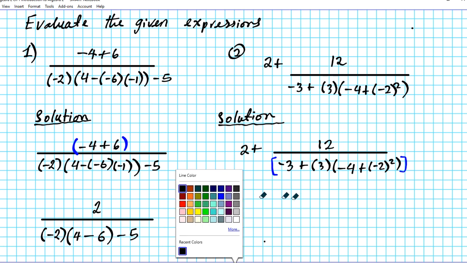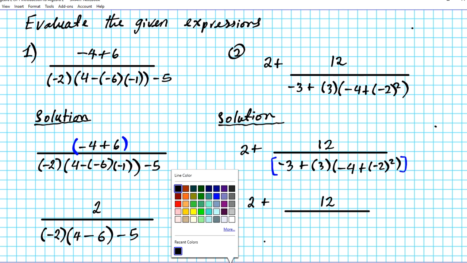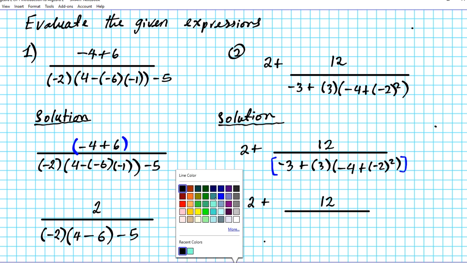So we're going to have 2 plus 12. Let's see what we can do in the denominator. We have an operation on the outside, this plus right here, we have a times, but we also have another parenthesis here. So we have to deal with the operation inside the parenthesis first.